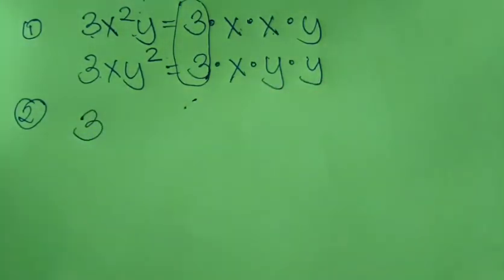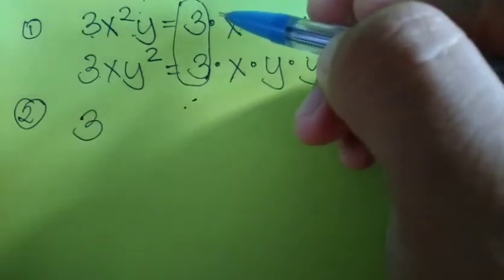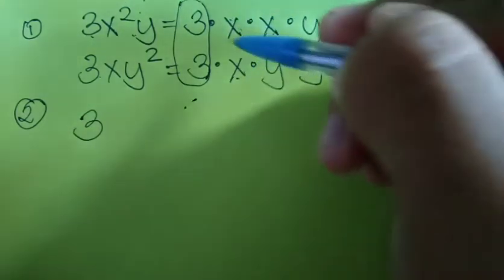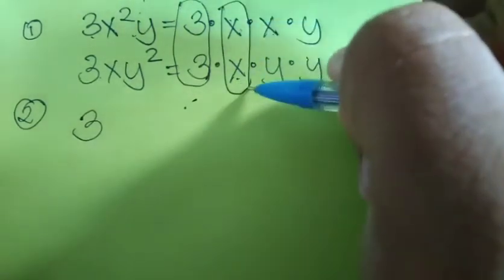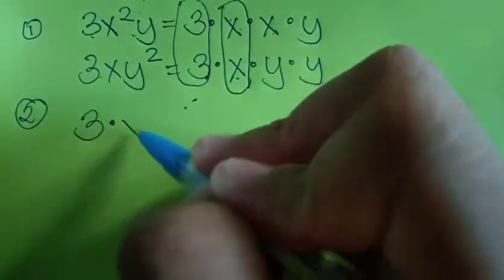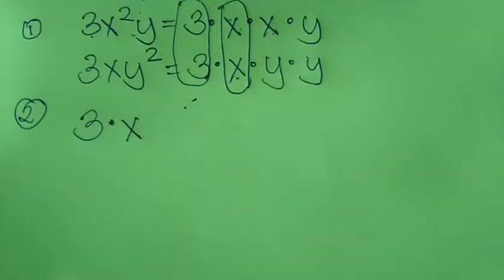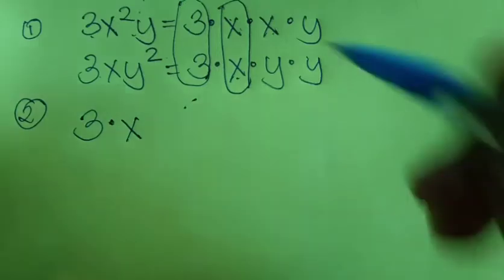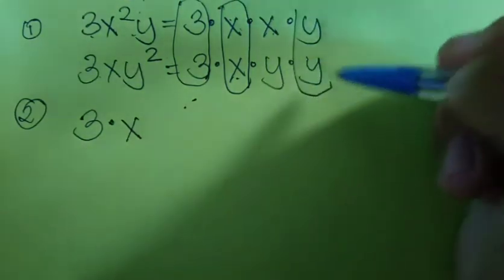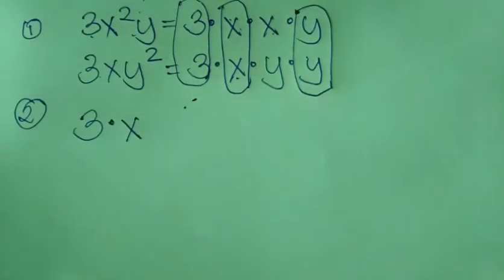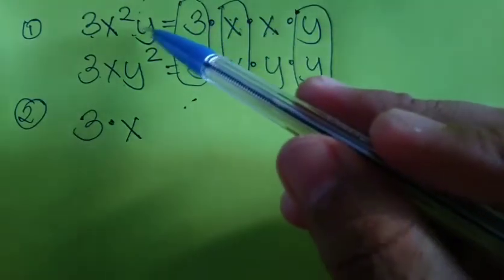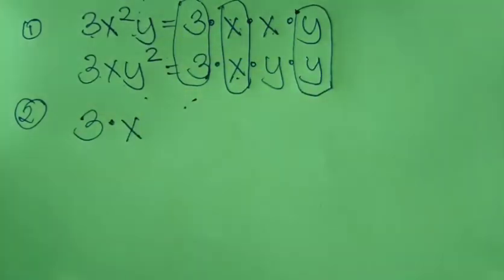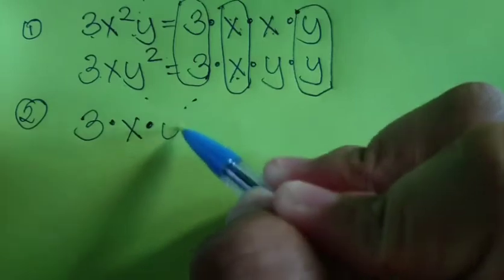Then, we see a pair of x, 1 for each term. So we have an x here. Lastly, we have this pair of y's, which can be found on both terms. So we multiply y.